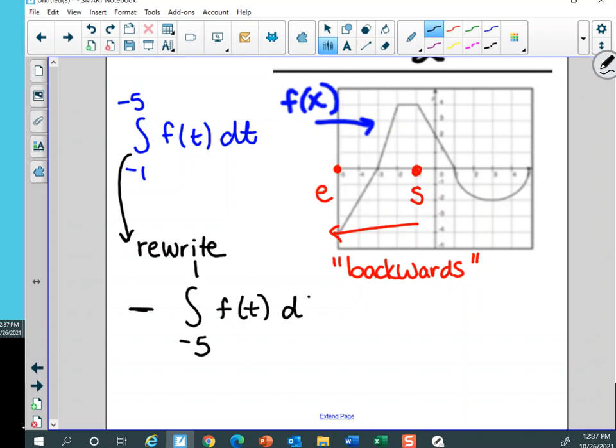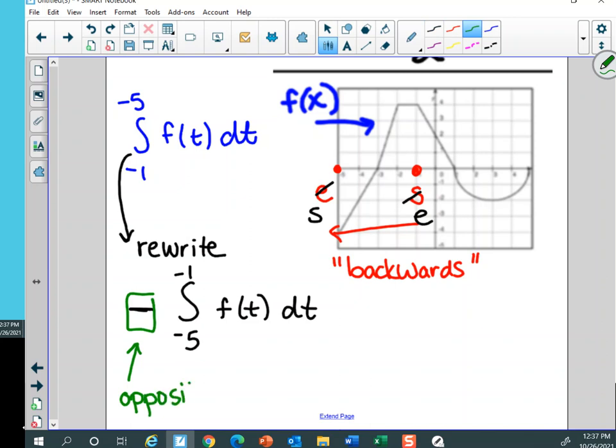One of them, and for some of you this will be your favorite way, is you say, okay, I don't do backwards, I go forwards. So I'm going to start here, and I'm going to end here, and I'm going to do all the area calculation.